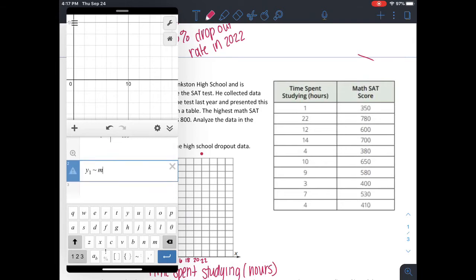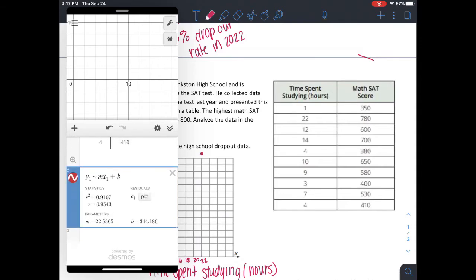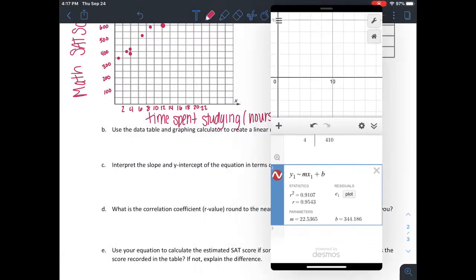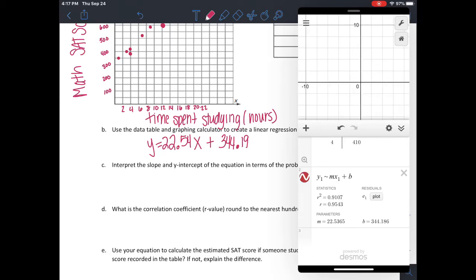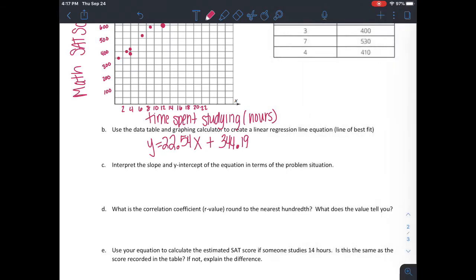Y1 squiggle mx1 plus b. And we are given our slope and our y-intercept. So y equals 22.54x plus 344.19.